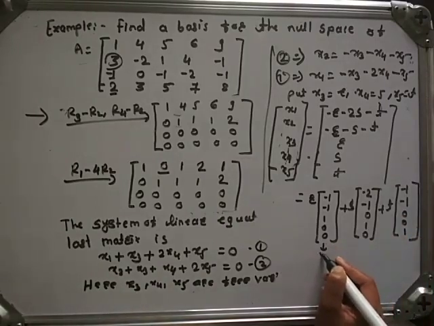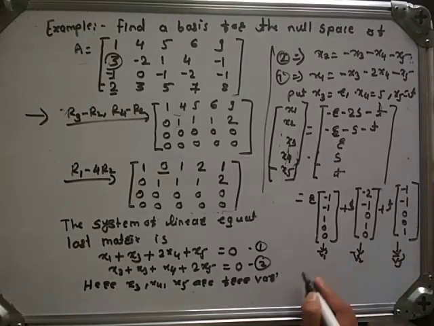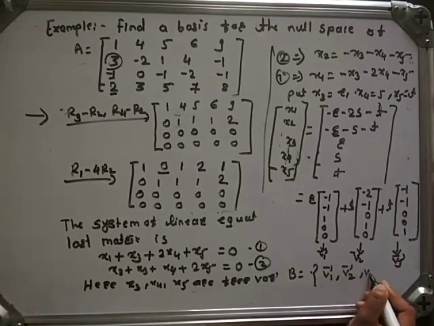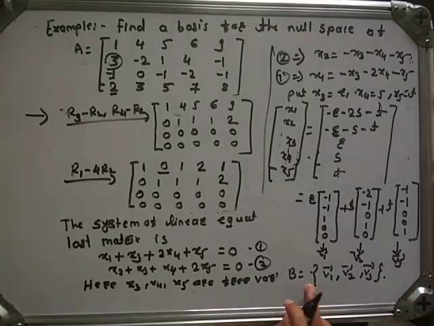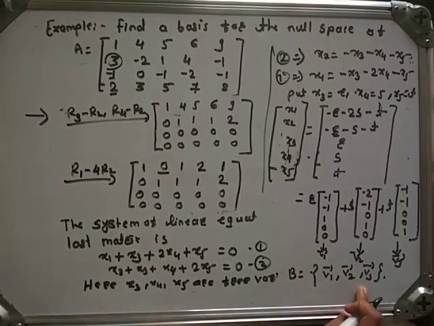So suppose this is V1 bar, this is V2 bar and this is V3 bar. So basis B is the set V1 bar, V2 bar and V3 bar. Okay. This basis set contains 3 vectors: 1, 2, 3. So its dimension is 3. Okay. This is the basis. This set B is the basis for the null space of A.